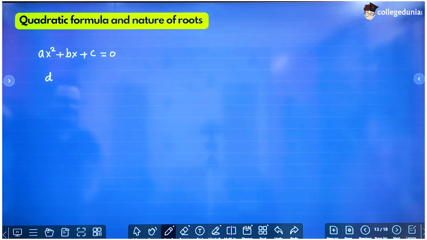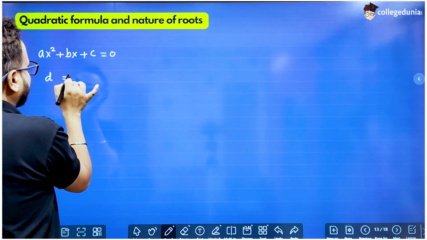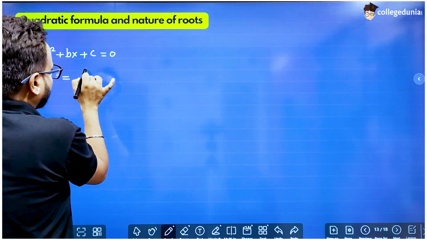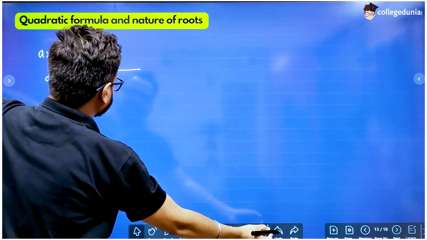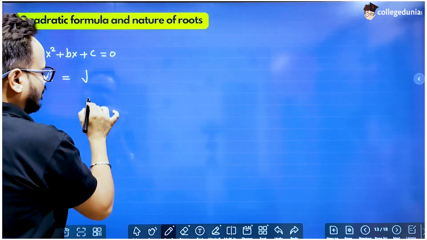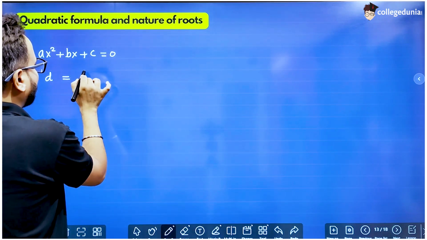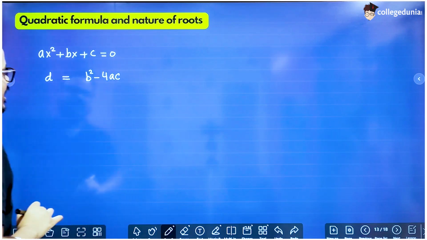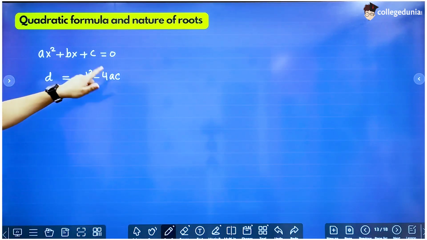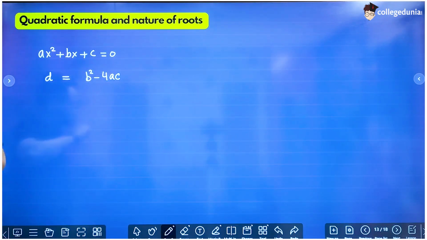It is represented by D, and the formula for the discriminant is b square minus 4ac, right? b is the coefficient of x, a is the coefficient of x square, c is the constant term.